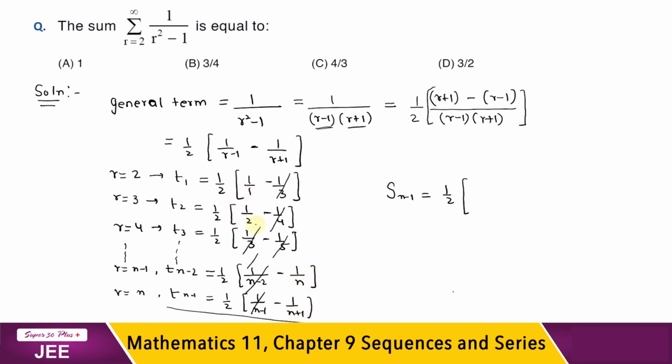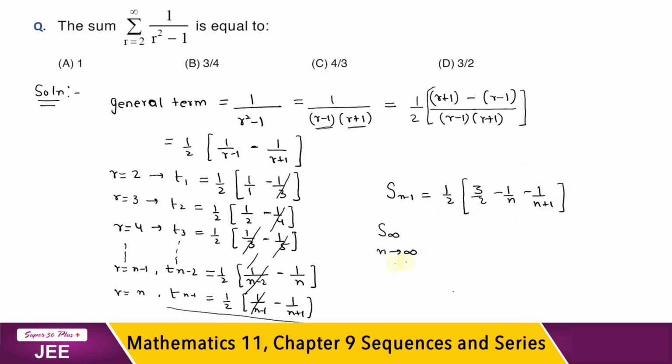So these 2 terms add up to give us 3 by 2, and these 2 terms add up to give us minus 1 by n minus 1 by n plus 1. And now since we are interested in finding the sum of infinitely many terms, n approaches infinity in this particular series.